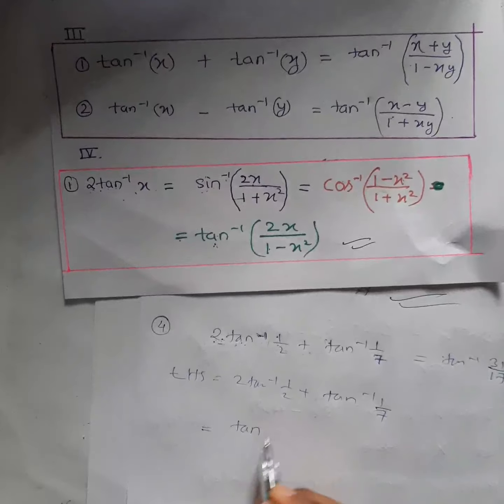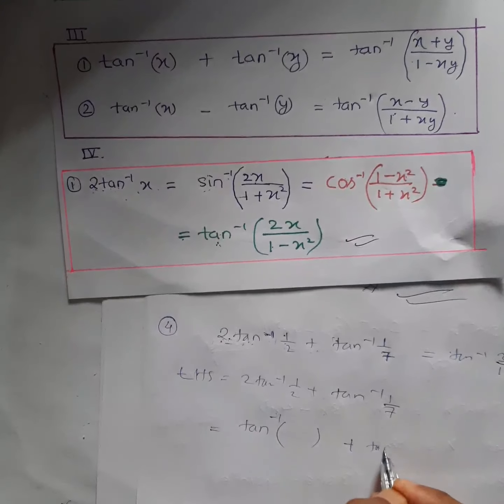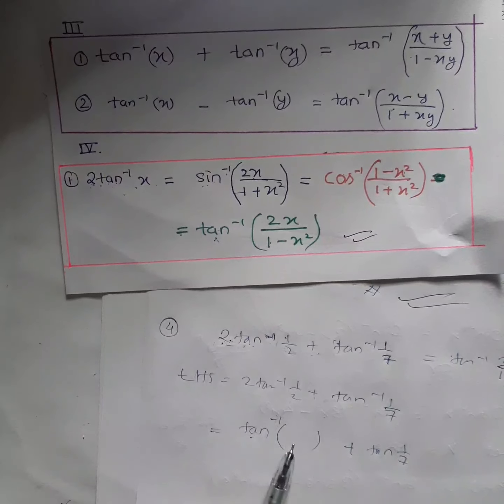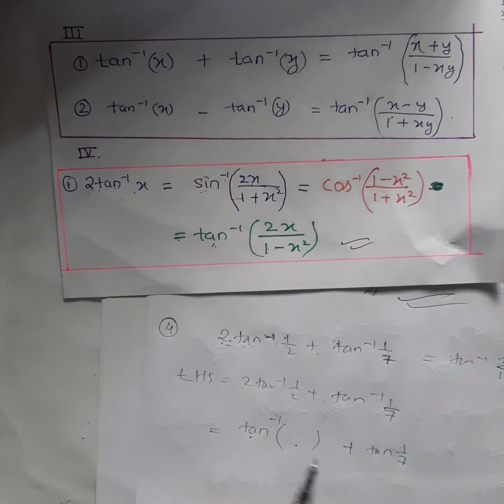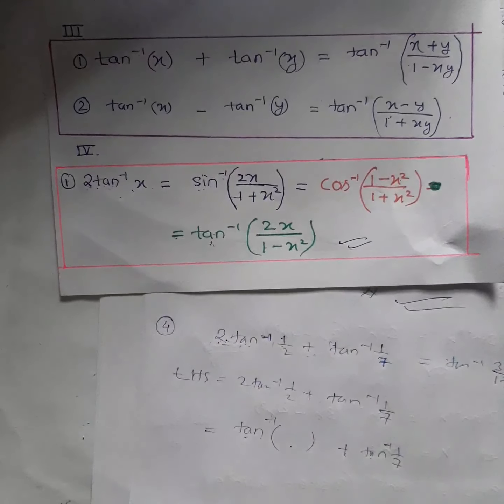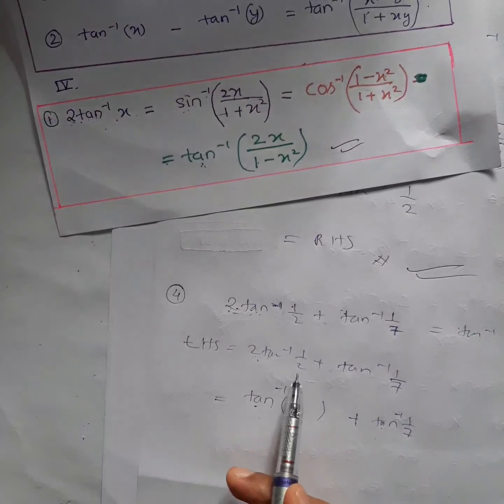Because if you use this, what will happen? It will be like an identity again. Tan inverse, whatever comes out here, take it as x plus tan inverse y. Then use that identity, the first identity which I have used here. After that, exactly the same way you have to do. So the only difference is they have made it here twice tan inverse x, okay?